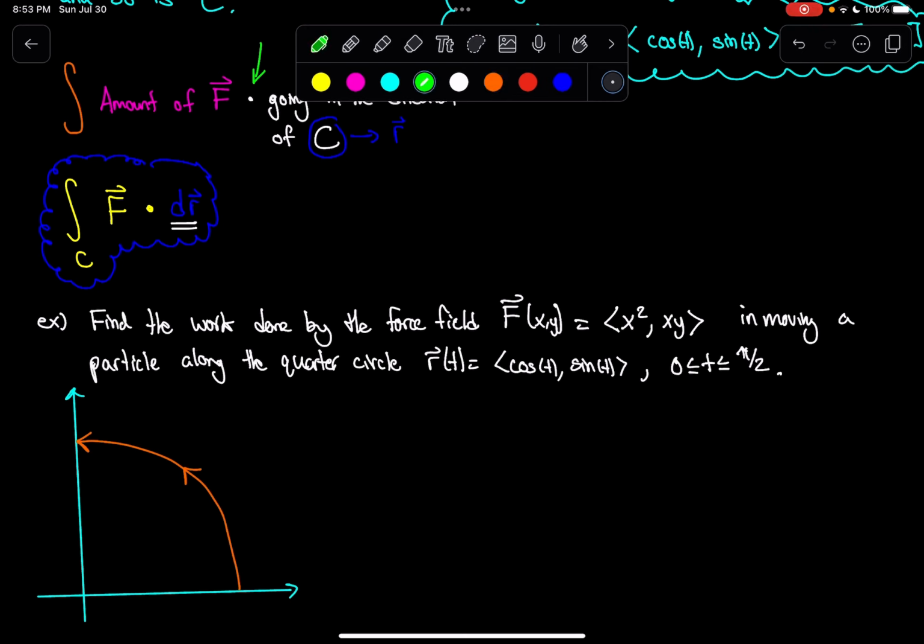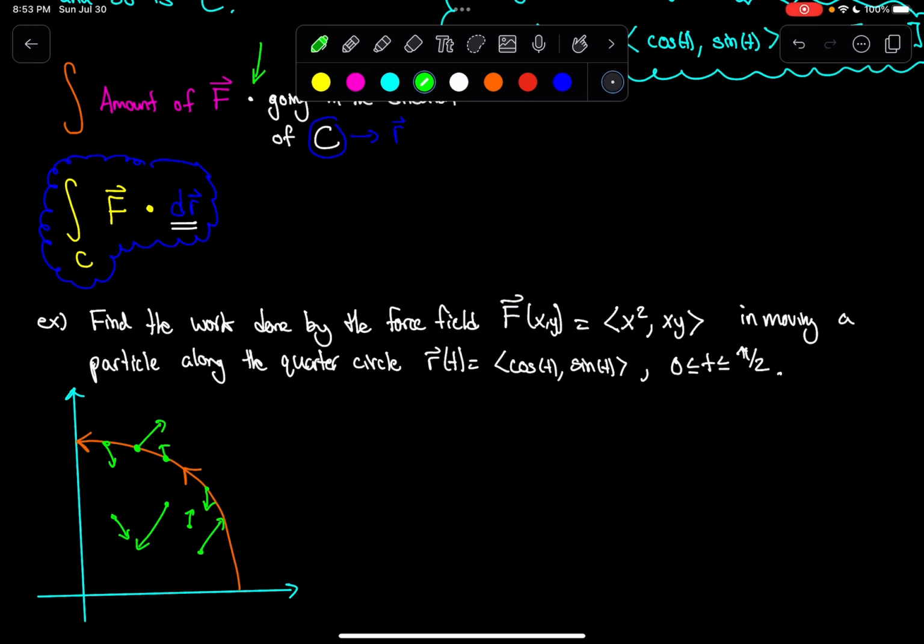So our vector field technically exists at every single point possible in 2D space, but we are more specifically interested in the force being exerted at every single point along this particular path of our particle. That's what we're really interested in.